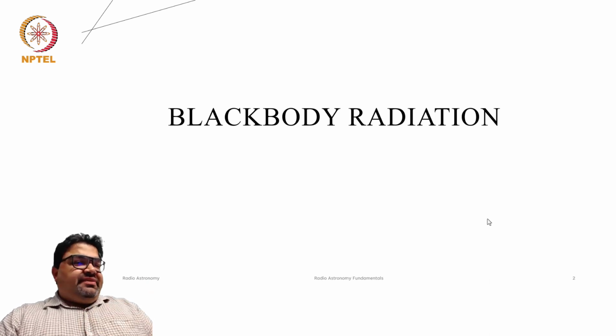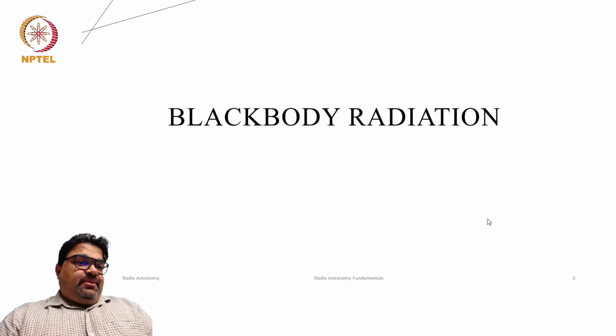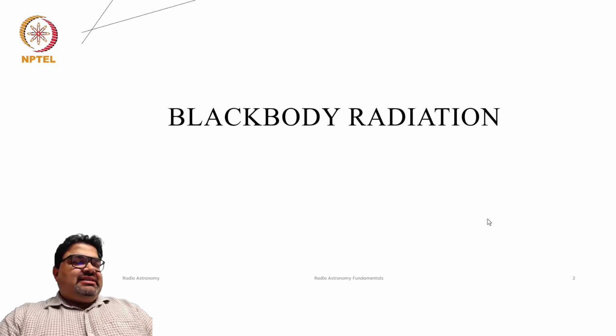We had a little bit of difficulty in understanding which one depends on the distance and which one doesn't. Okay, but we tried to resolve the issues in the basic concepts of the different properties of flux density, intensity, and luminosity, and I hope it helped.